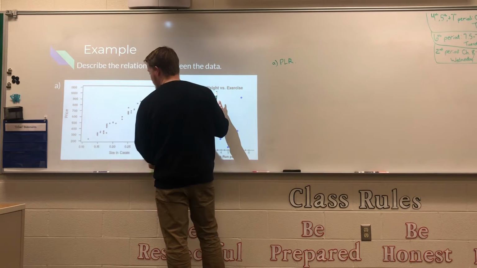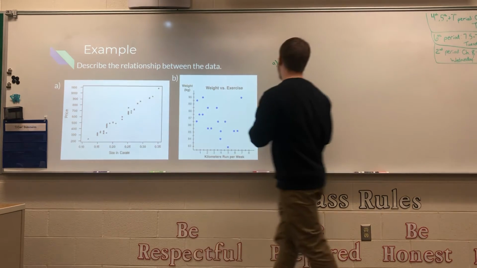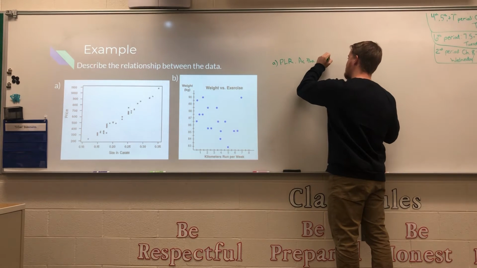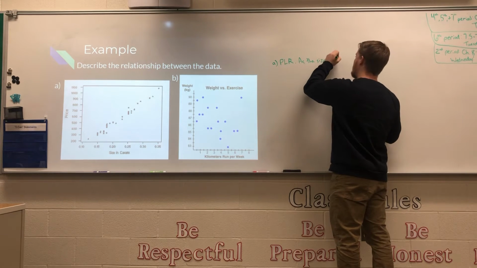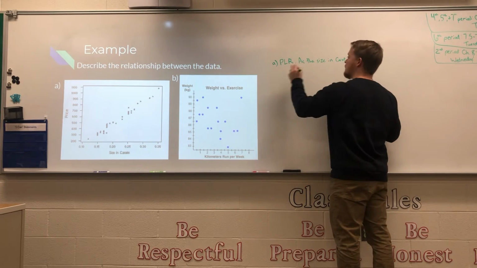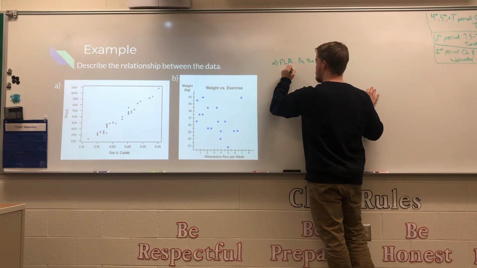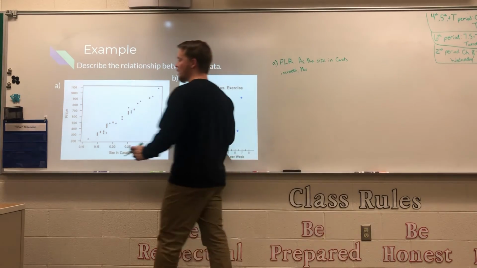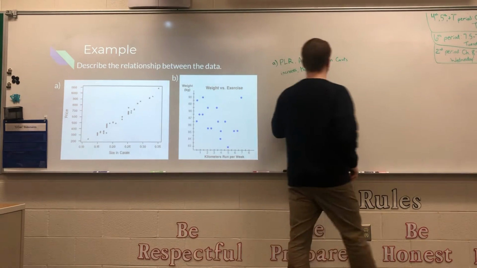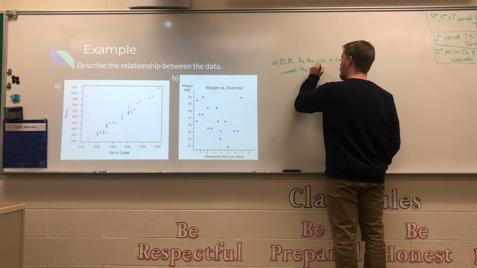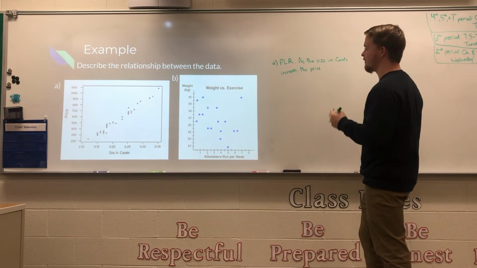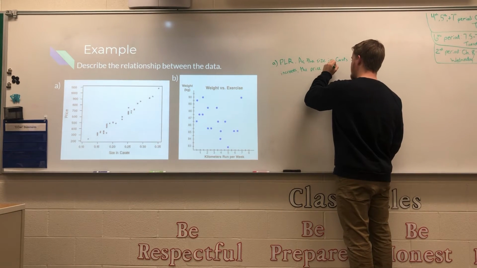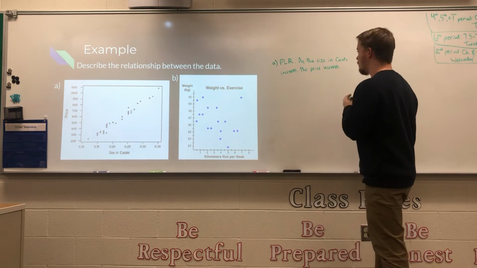So as the size in carats increases, that's how I would start to describe it, and then I tell what happens to the y-axis. The price. Then we talk about what happens to it. With a positive linear relationship, it also increases. So the price increases. So that's all your answer would be.